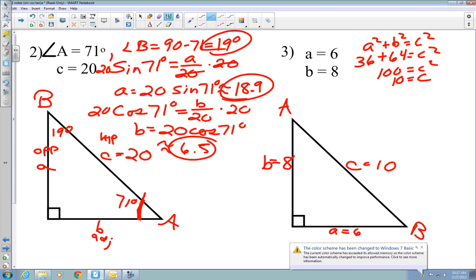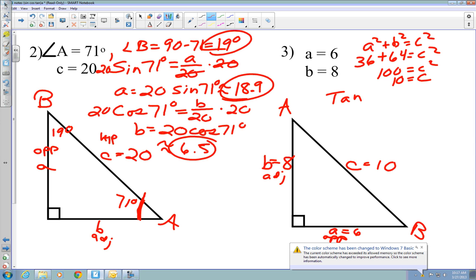Now this is where you use another nice little feature on your calculators. So let's first write an equation. Let's start with A, and I was given the 6 and the 8, so that's opposite and adjacent. So that would be tangent, right?